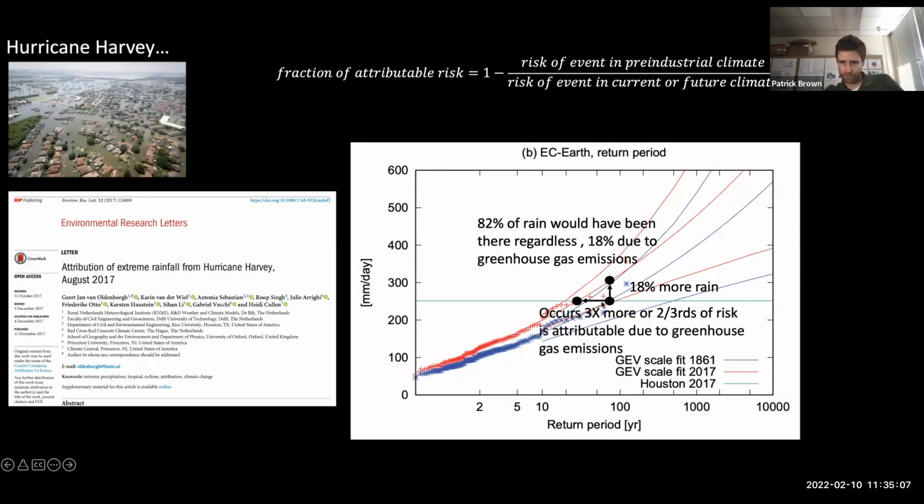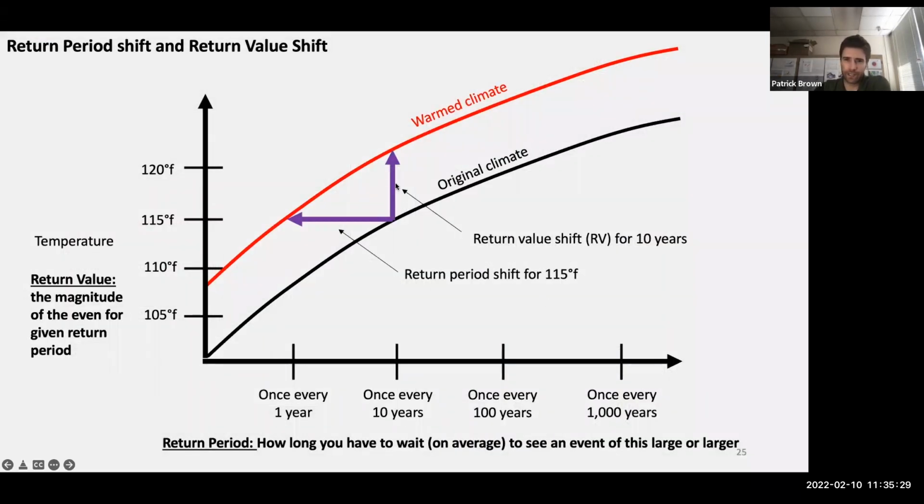Again, the point here is that they're equivalent: you can get a very large sounding impact on the probability, and it doesn't necessarily mean that it's that much of a change in the magnitude of the actual event. Going back to this diagram, the magnitude is the degrees Fahrenheit thing, and this is a perfect example of the concept I'm talking about.